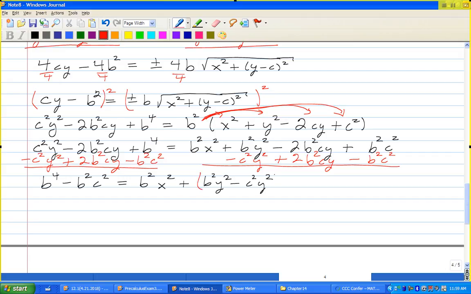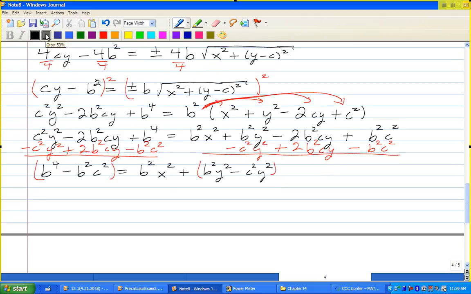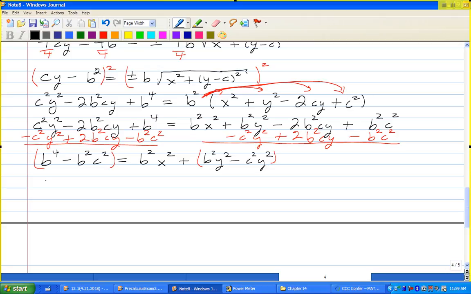So let's group these and factor out. I have b squared times (b squared minus c squared), equals b squared x squared, plus (b squared minus c squared) y squared.